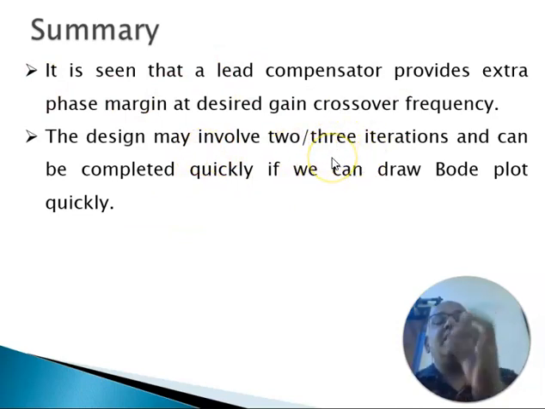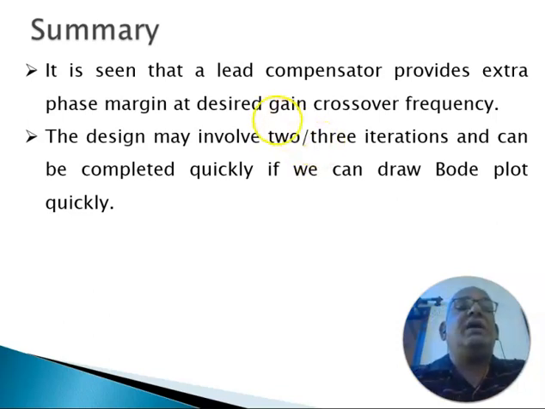You make a little tweak and then see whether the requirements are met. If the requirements are met, fine, we are happy, we'll stop. Otherwise, make another tweak and so on. At each iteration, you need to draw the Bode plot. So the sooner you can draw the Bode plot, the quicker will be the design process.